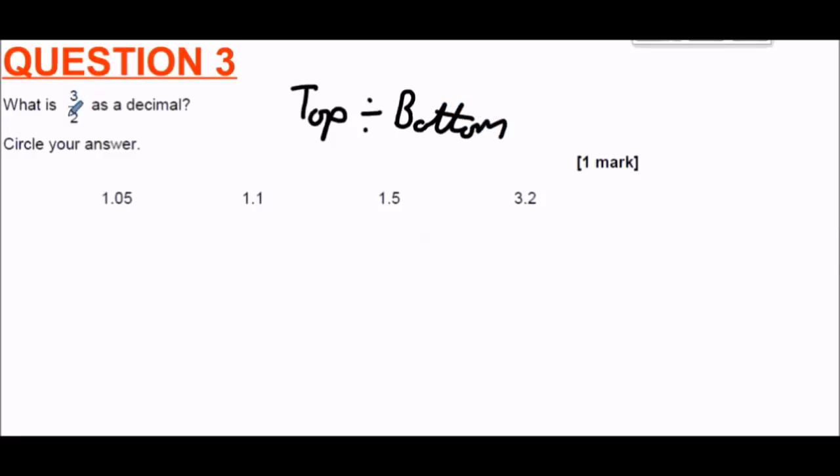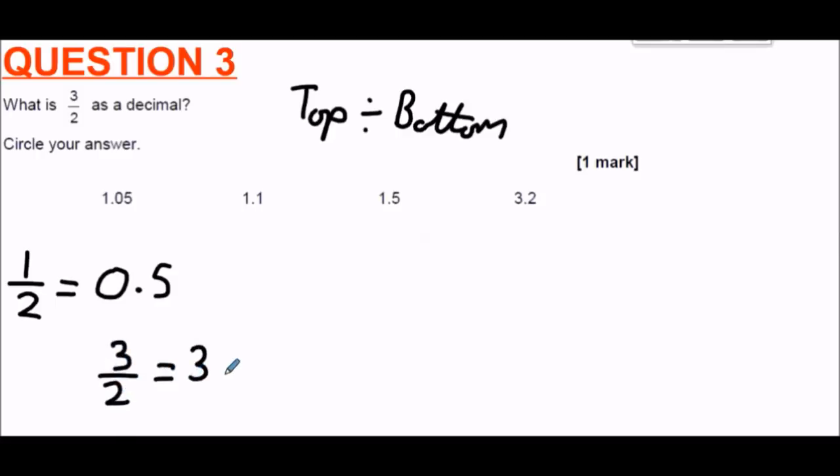So if you know that 1/2 as a decimal is 0.5, then 3/2 would be 3 times 0.5. In terms of money, half a pound would be 50p. 3 times 50p would be £1.50, 1.5 pounds. So the one we need to circle is 1.5.